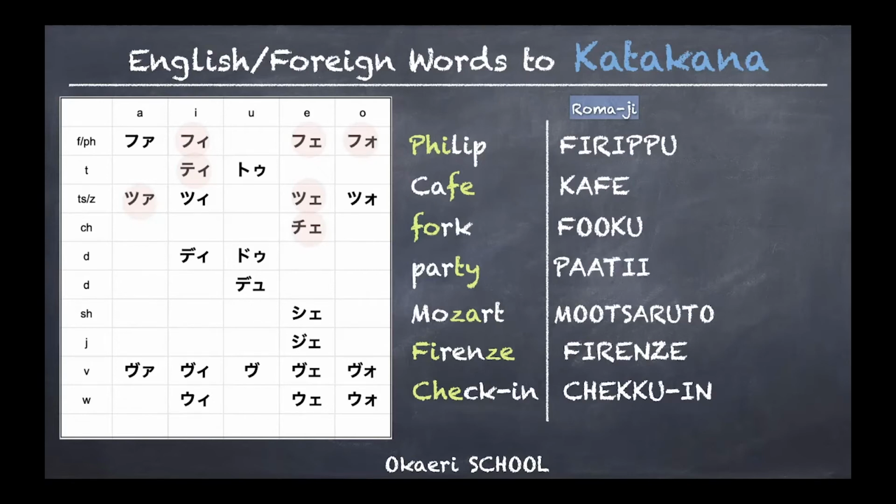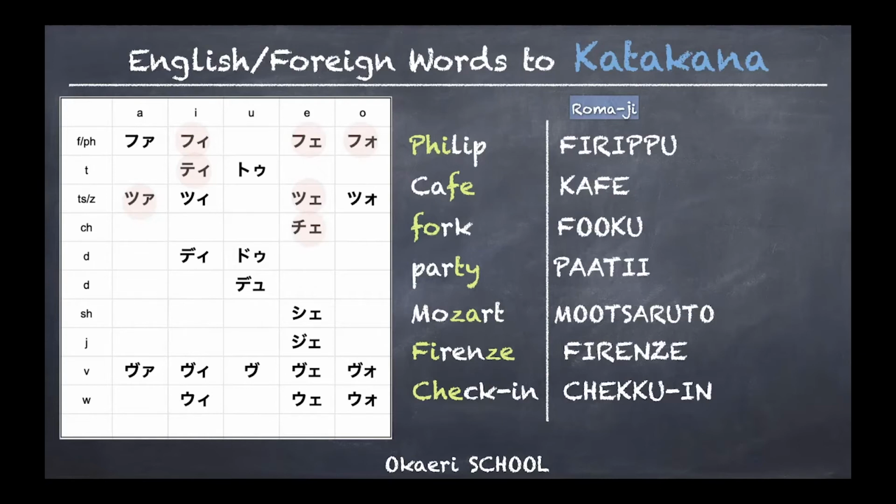Party will be party. The R sound will be gone, so just a long vowel, party. Mozart, Mozarto. Firenze. These can be found in this chart, so it's a bit easier. Check-in will be check-in.